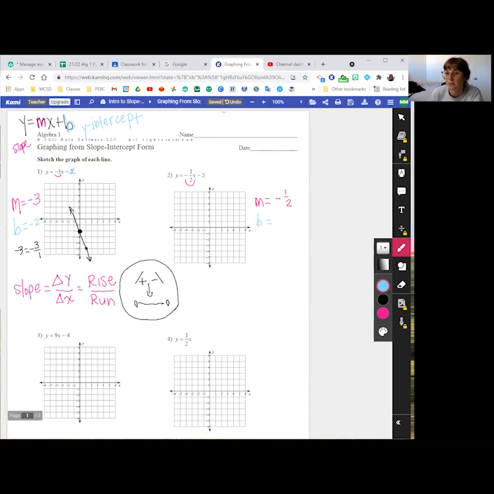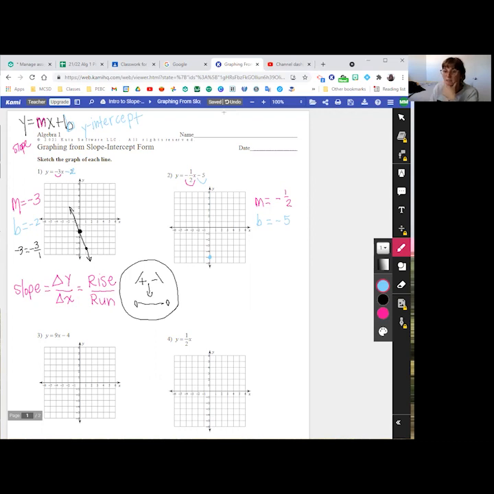It's just the number. So it's going to be negative 5. We always include the sign right before the number. Now I'm ready to graph my line. I start by plotting my y-intercept at negative 5. So I go down to negative 5 on the y-axis, and then my slope is negative 1/2.